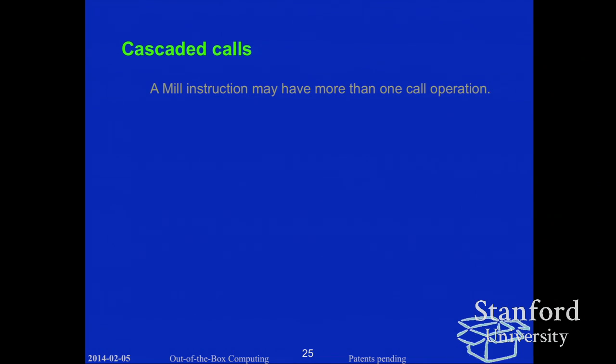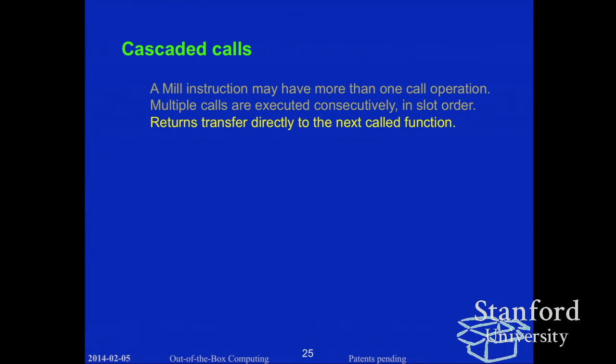Well, what happens if you have more than one call? That works in the Mill. Multiple calls are executed consecutively in an order defined by the encoding order. And the returns from one call return directly into the next called function, not back to the original instruction. So if there's a piece of code where we have nested calls, the machine code will be add, call, call, store.